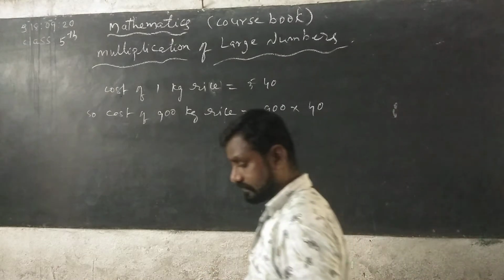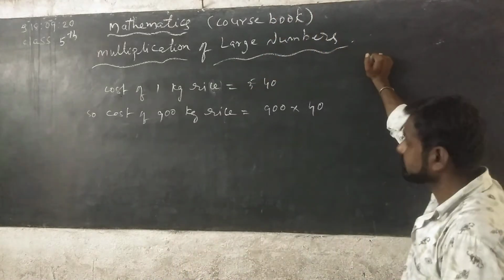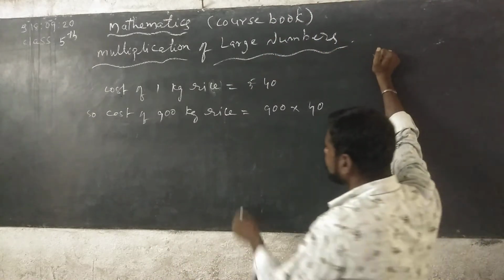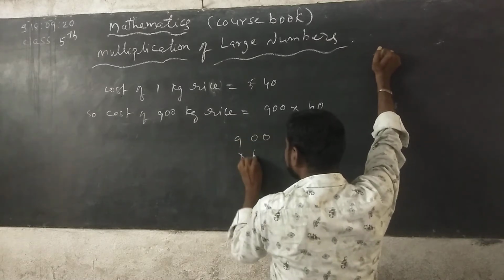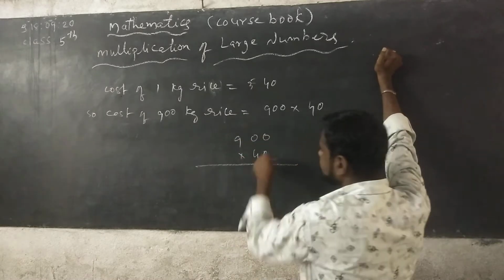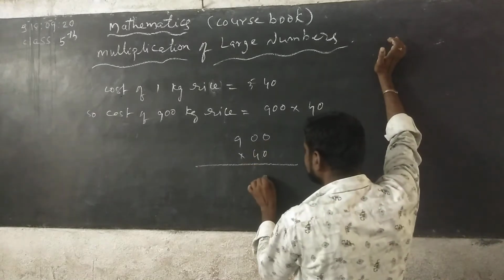Listen carefully. So 900 into 40. 0 multiplied by any number, what do we get? 0. So 0 into 0, 0.